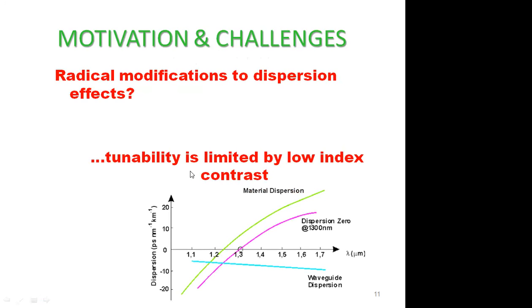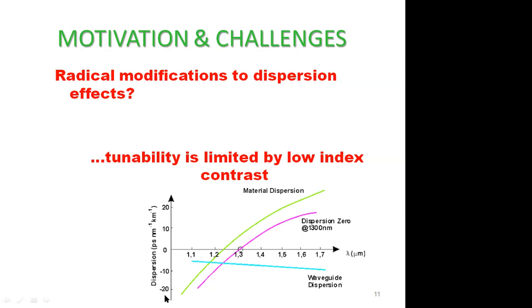Second is what? If you look at this, this is known as what? A dispersion. Dispersion consists of two important things. One is material dispersion, and it is inherent. Whatever material we are using for fabricating fiber, silica, that will remain fixed. So this curve is what? For material dispersion, and this is for waveguide dispersion.